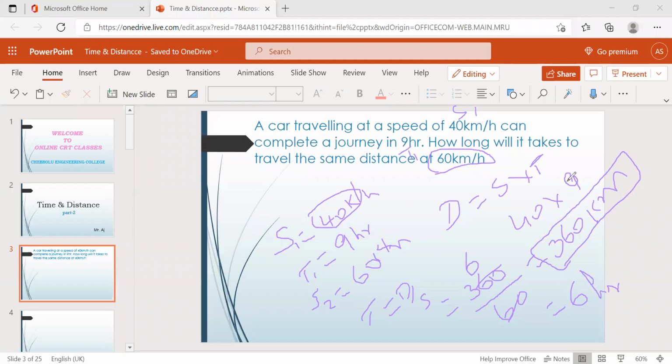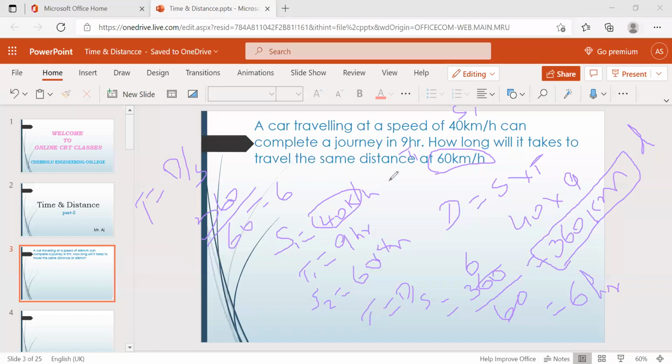So 40 kilometer per hour into 9 hour, hour gets cancelled, it's 360 kilometers. This is the distance. Now they're asking for another speed, same distance, how much time? Time is distance by speed. Distance we know 360 and speed we know 60. It is 6. 6 hours is time 2.